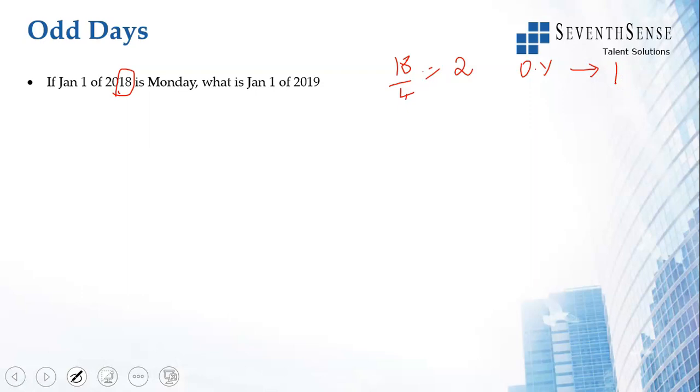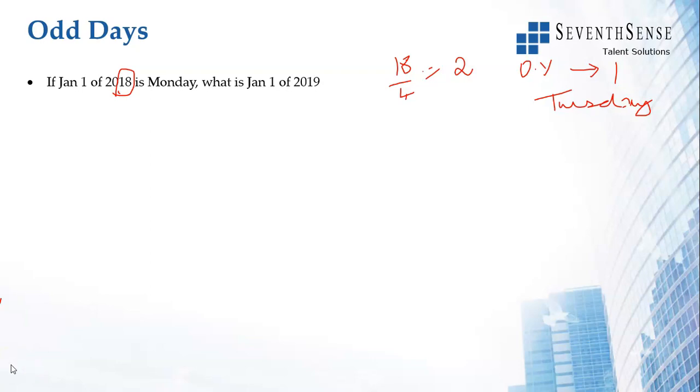So Jan 1 of 2018 is Monday, and for Jan 1 of 2019 you add 1 to this day, which makes it Tuesday, because every ordinary year has one odd day.